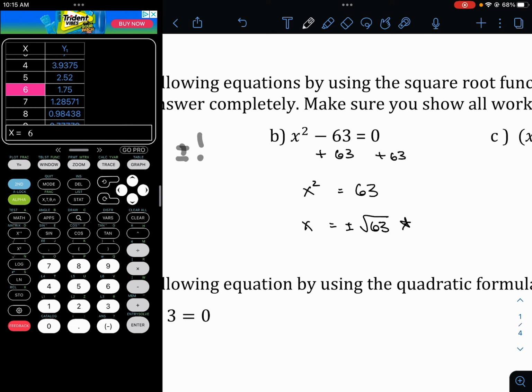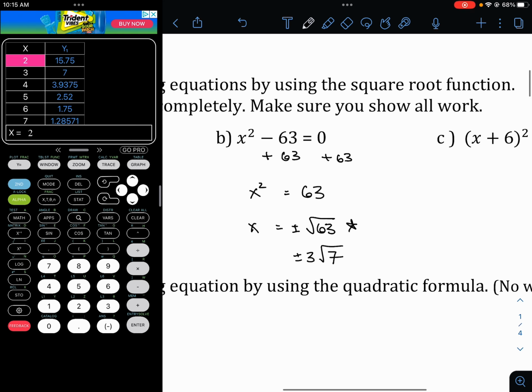And that's how we can easily reduce radicals. And we're finding our pair. So that's going to be plus or minus 3 roots of 7. So for reducing radicals, that's y equals our number 63 over x squared. A little different than factors, but that's the idea with those.